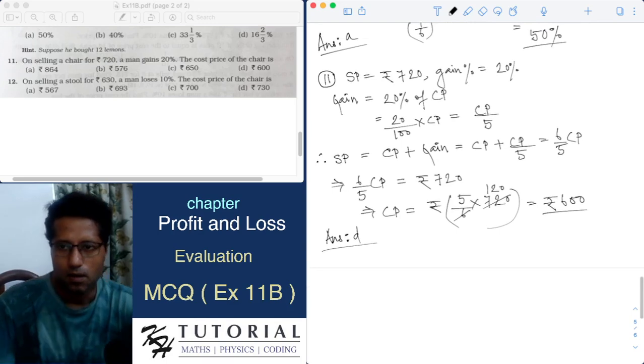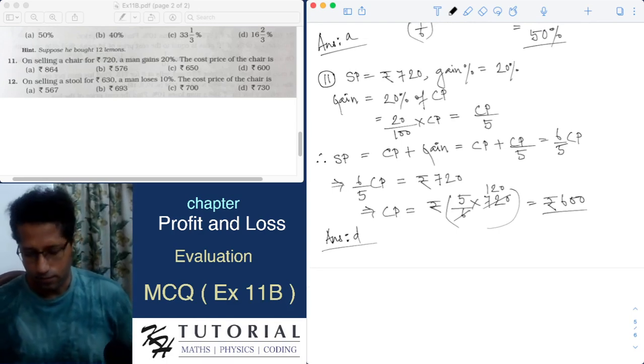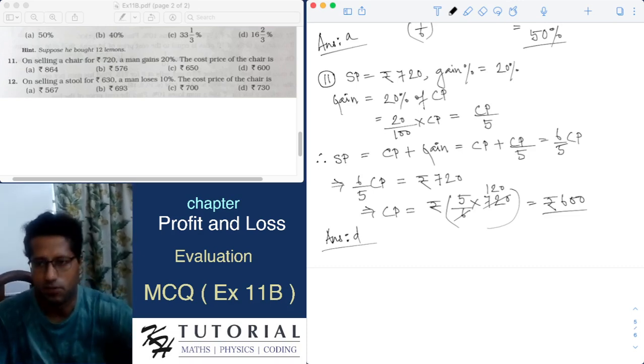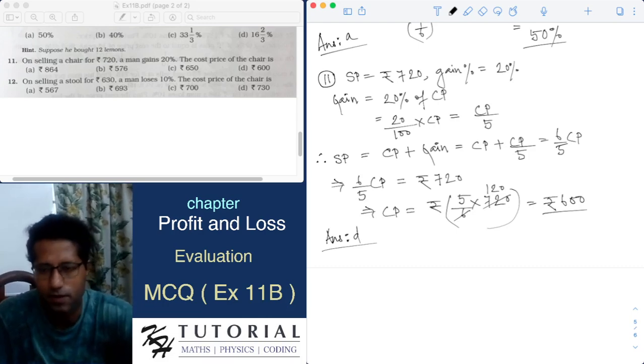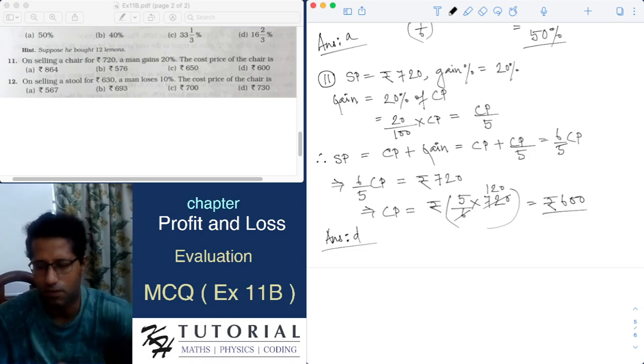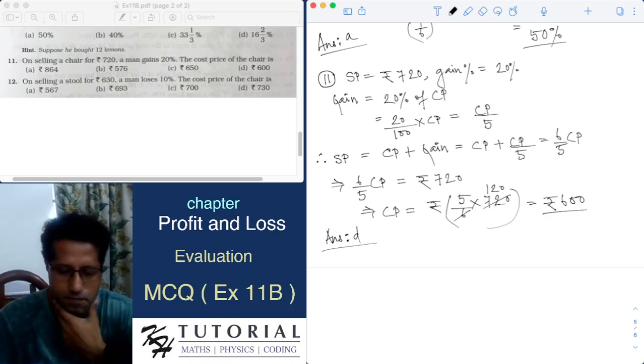Now one thing please note: when you are given SP and gain percent, you have to find CP, or you are given CP and loss percent or profit percent, you have to find SP. There are various ways of applying the basic fundamental concepts of SP, CP, gain percent and loss percent. For this example, gain percent is given and SP is given.